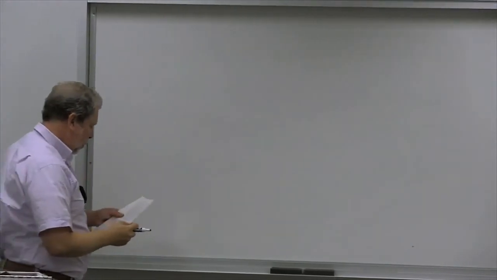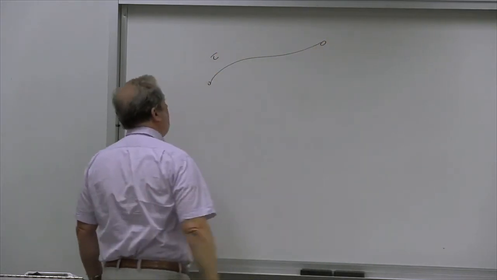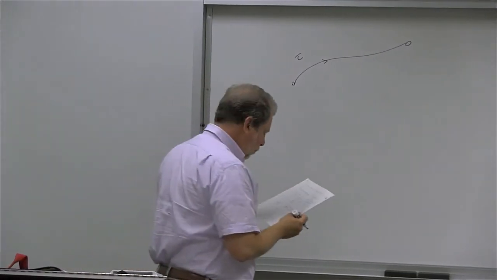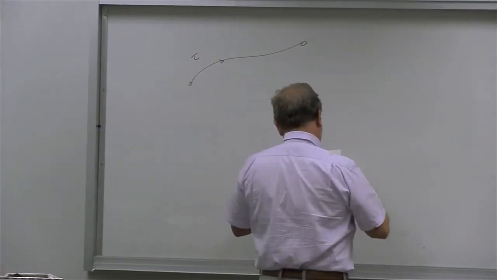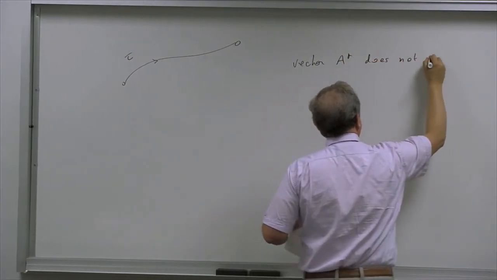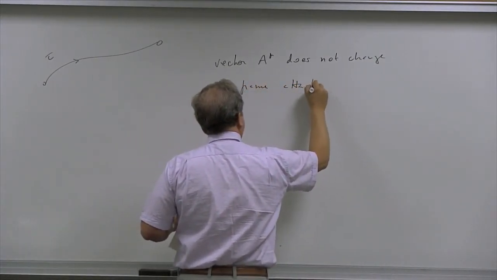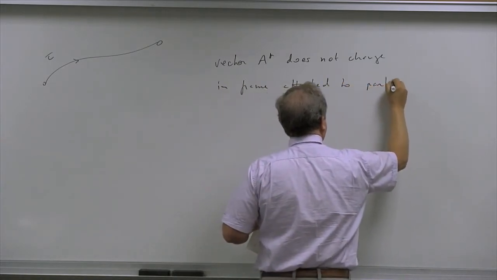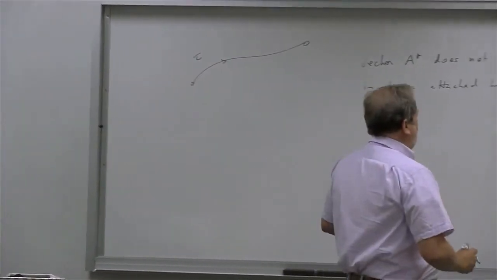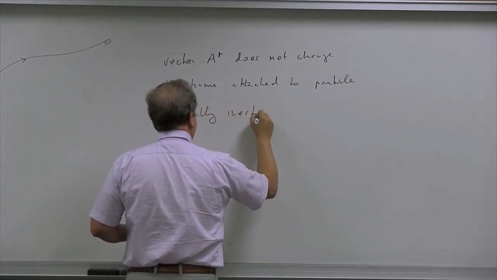So parallel transport is what you have when you consider a path, like we had before, and you define that on that path the vector A mu does not change in the frame attached to the particle, which is supposed to be a locally inertial frame.